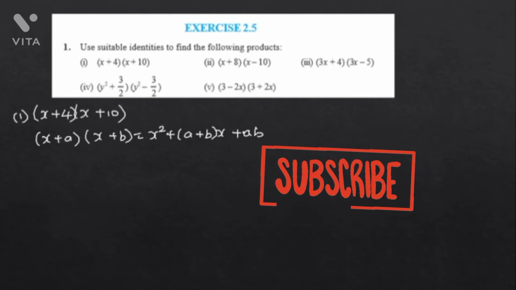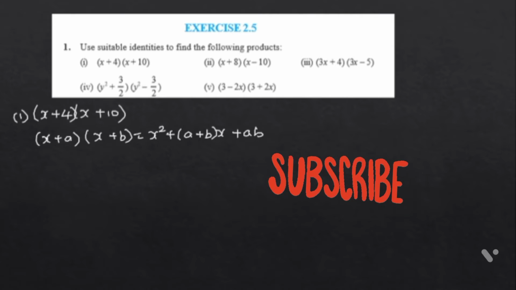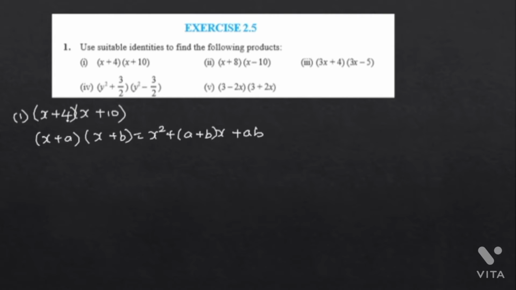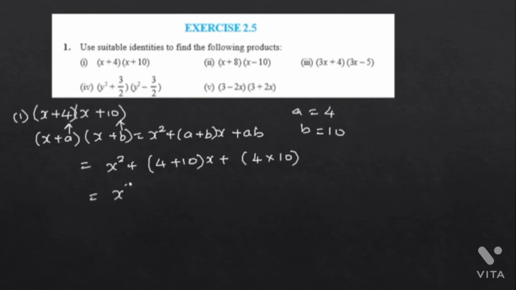So we can use this identity. In the place of x we have x, a = 4, b = 10. Now let us substitute: x² + (4 + 10)x + 4 × 10. So this is equal to x² + 14x + 40.